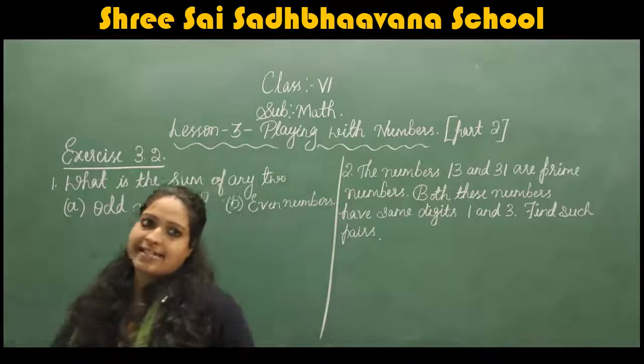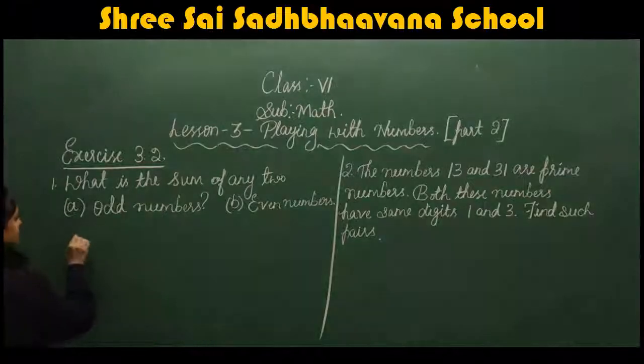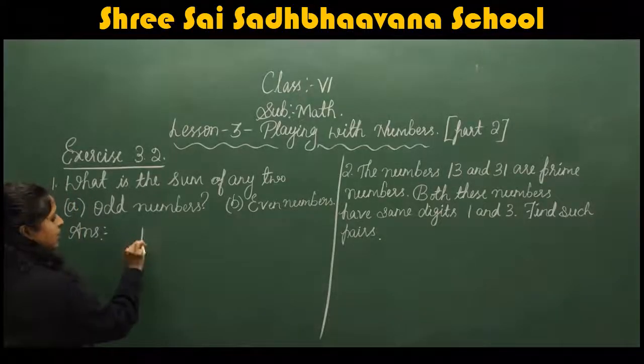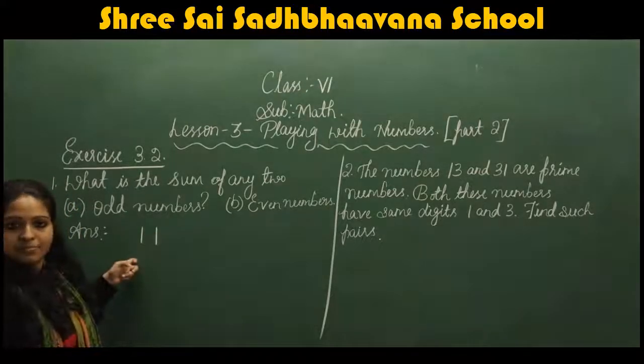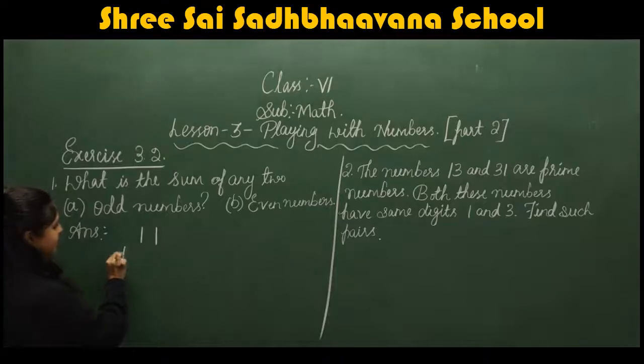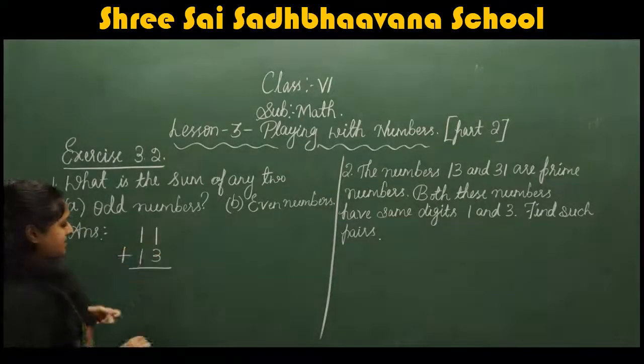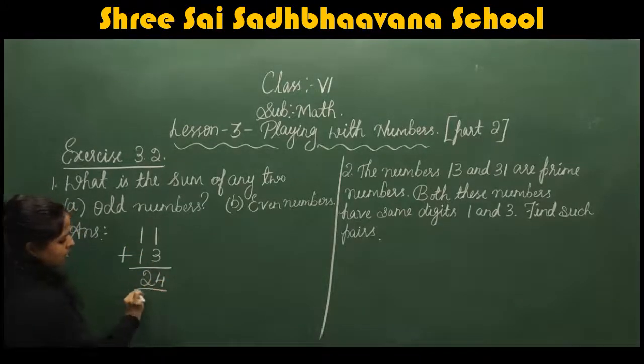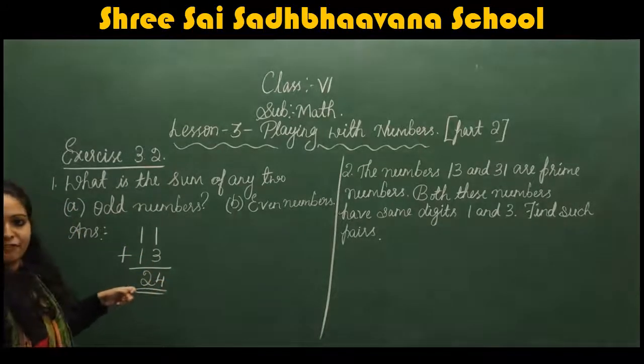So let me take an example. I can take any two odd numbers. I'll go with 11. 11 is an odd number, you know that, right? To this I will add 13, which is also an odd number. So 1 plus 3 is 4, 1 plus 1 is 2. So the answer I got is 24.